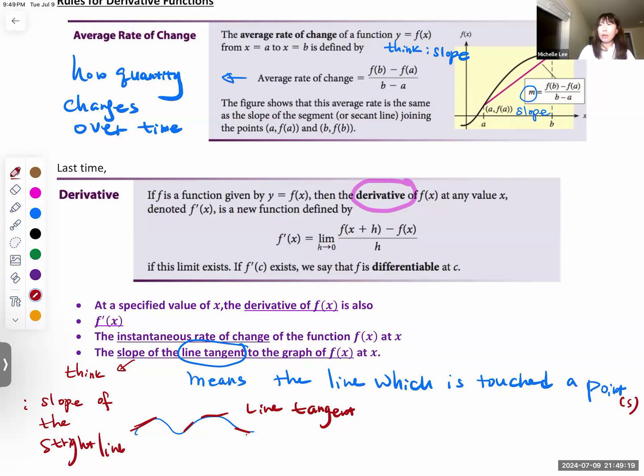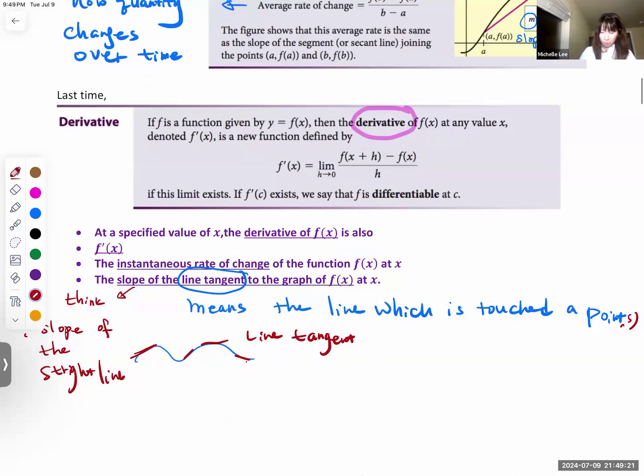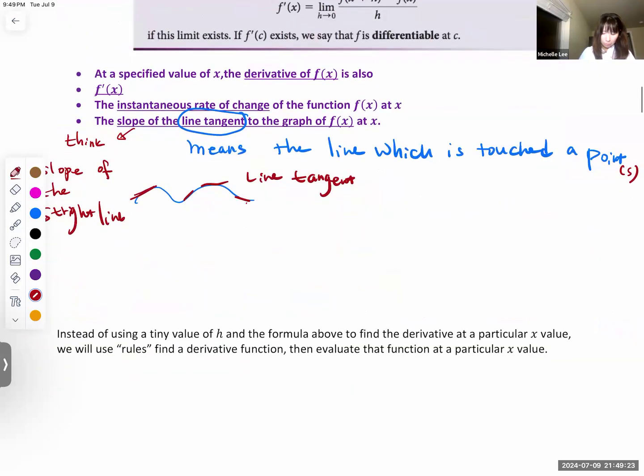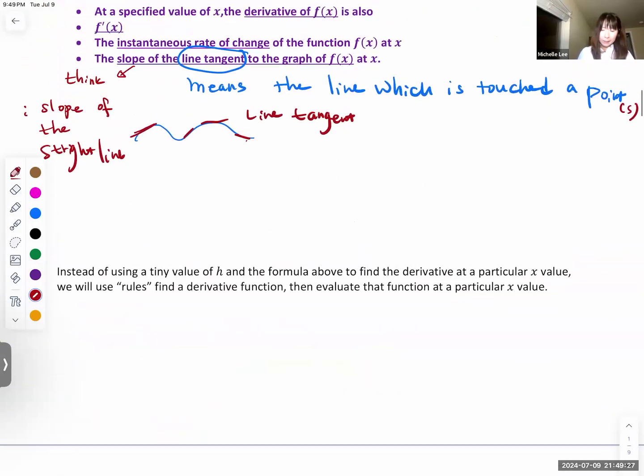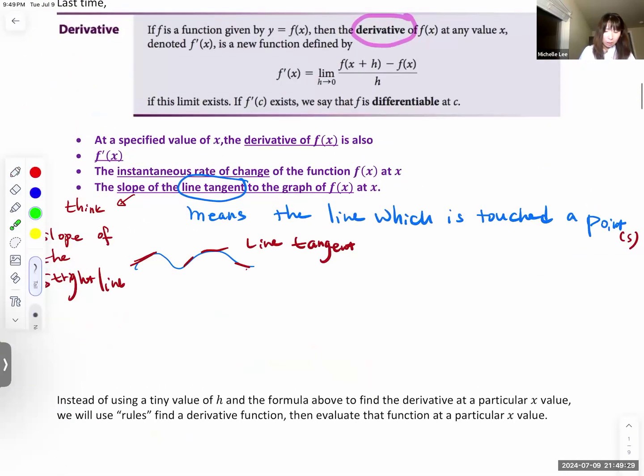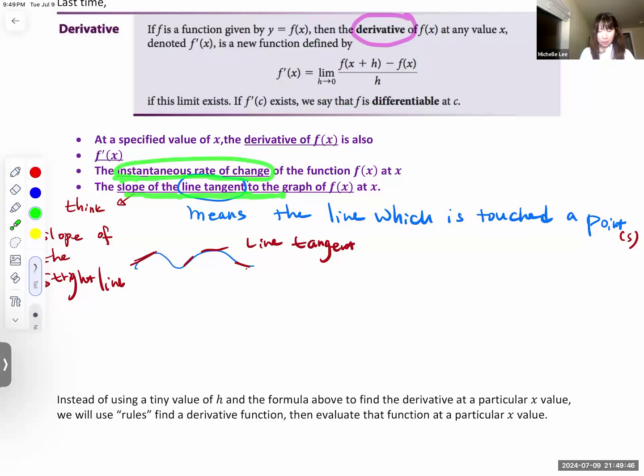Okay, so we have the power law, because taking the derivative this way is too much work. It's a lot of steps, right? Why do we want the derivative? Because we want to know the instantaneous rate of change and the slope of the line tangent to the graph of the function.